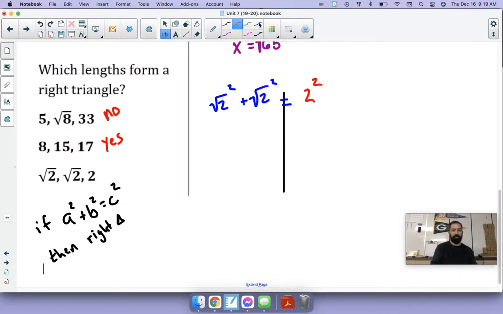Let's find out. The square root of 2 squared is just 2. The square root of 2 squared is just 2. And 2 squared is 4. What's 2 plus 2? 2 plus 2 is 4. Does 4 equal 4? Yes, it does. And we are done with page 2 of our notes.